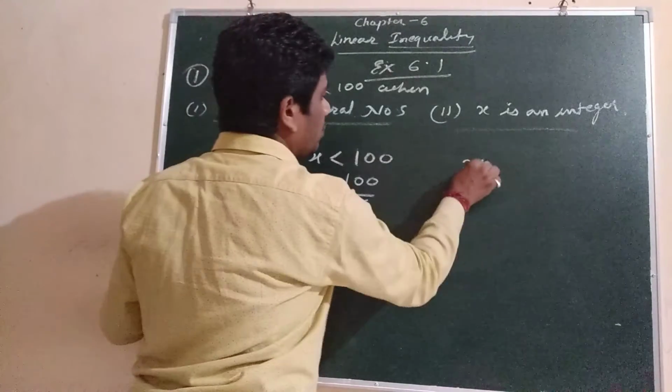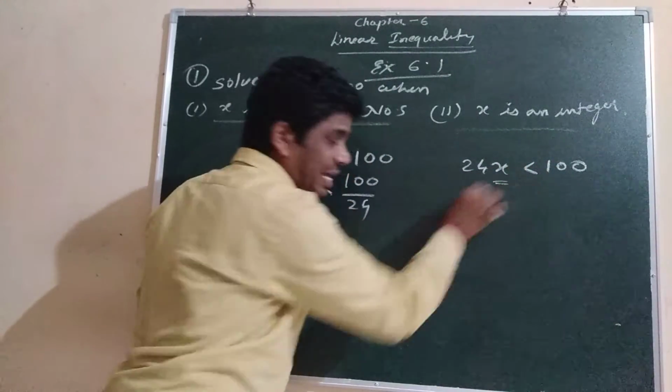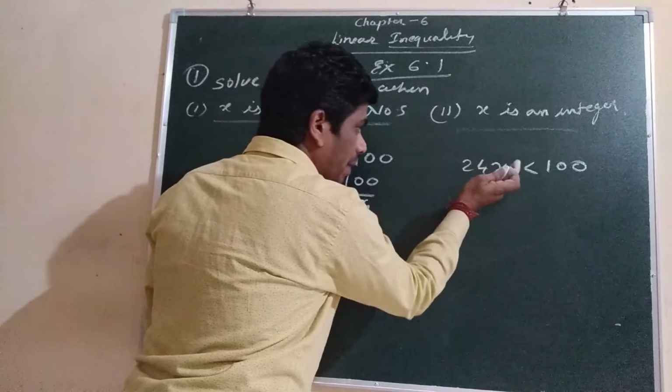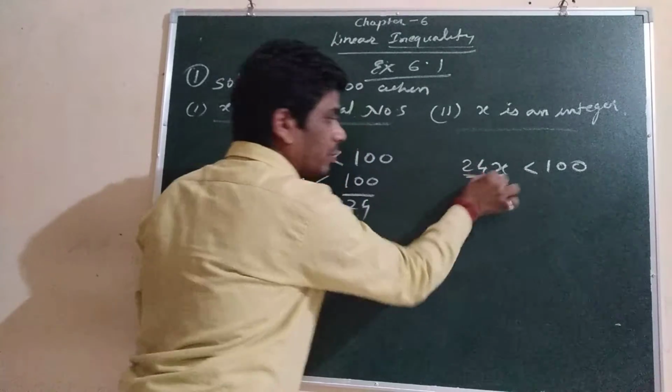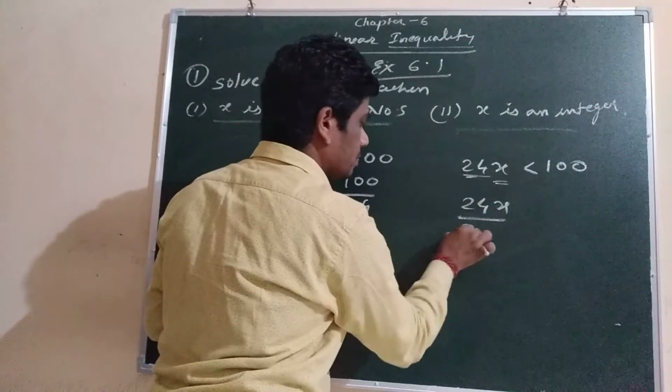So here 24x is less than 100 is given. We have to make x alone, so we have to remove that 24. 24 is in multiplication, so we will divide by 24 on both sides.